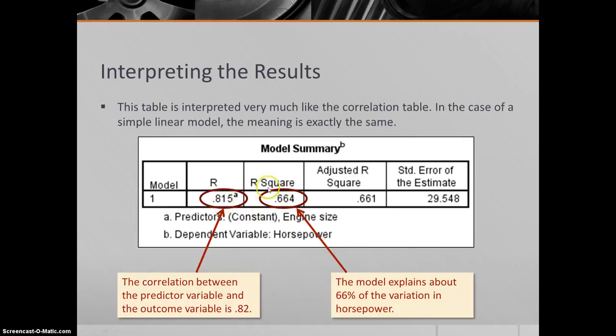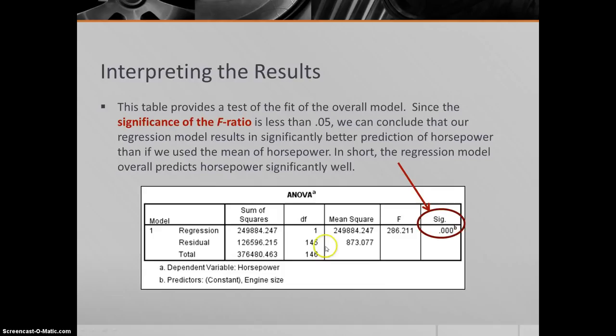And then this is the coefficient of determination, the r squared, and this means that the model explains about 66% of the variation in horsepower. And you might think, well, you mean that engine size does? Yes, because in this case, that's the only predictor. But later, we could have more predictors, and then it's going to say, okay, taking all of that information together, it predicts a certain amount of the variance in the dependent variable.